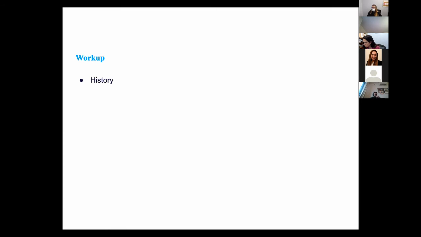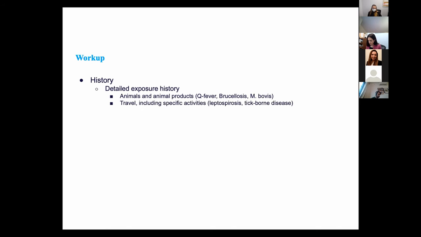History, obviously very important, very detailed exposure history. Animals and animal products give you clues for infections like Q fever, brucella, or Mycobacterium bovis. Travel: when you ask about travel, it's not just where they've been, but what specific activities they've been doing in those locations.